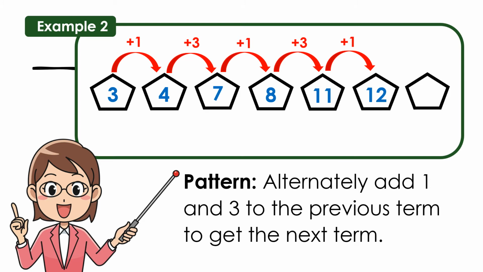Following the pattern again, we add what number? We add 3 to the 6th term, we get 12 plus 3, we have 15. Thus, our 7th term will be 15.